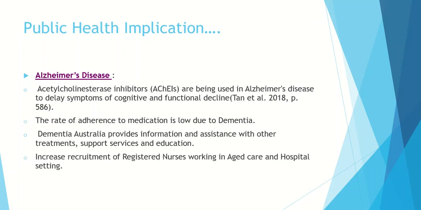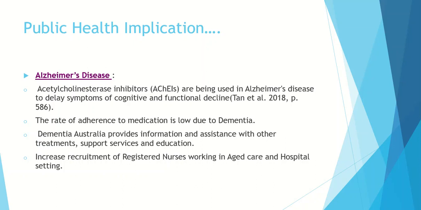Likewise, in Australia, in Alzheimer's disease, acetylcholinesterase inhibitors are currently being used to delay the symptoms of cognitive and functional decline. However, due to the dementia, the rate of adherence to medication is very low in such situations. So there are always sectors that help us to deal with people who have dementia. For example, Dementia Australia provides information and assistance with treatment, services, and education to deal with patients who have dementia, which makes it easier to provide them medication and to take care of them.